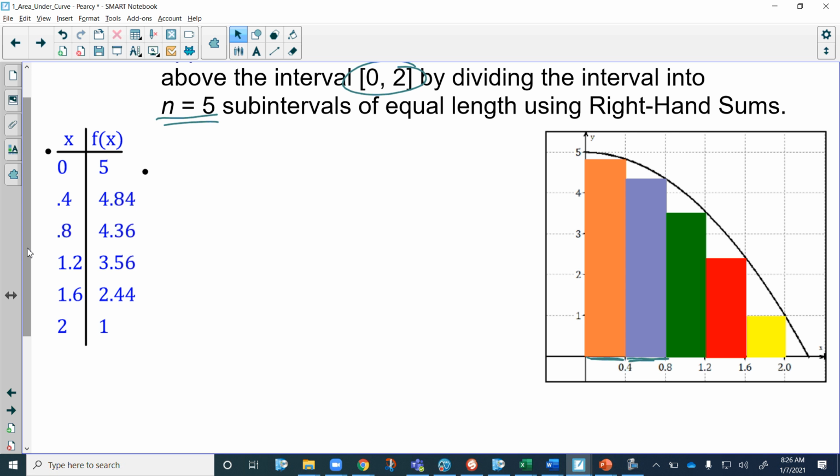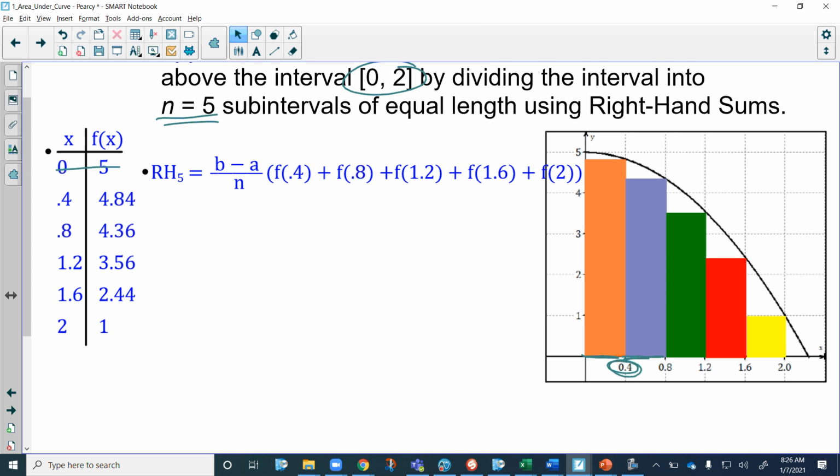In this case, the right-hand rule starts when x is equal to 0.4, so the value of 0 won't get included in our approximated area. That's one of the differences between left-hand and right-hand rules with Riemann sums: essentially just where you start counting with your x values.